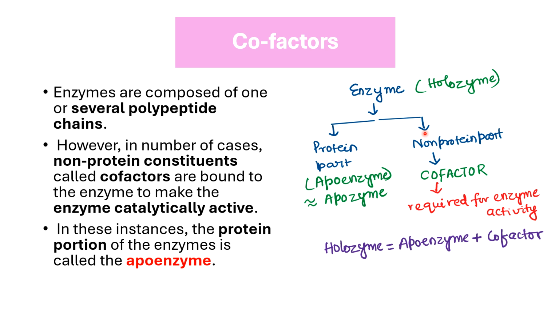That non-proteinaceous part is called a cofactor, and that is required for the enzyme activity. The complete enzyme we call a holoenzyme. It is made up of the proteinaceous part, that is the apoenzyme, plus the non-proteinaceous part, that is called a cofactor. Let's now see what types of cofactors we have.